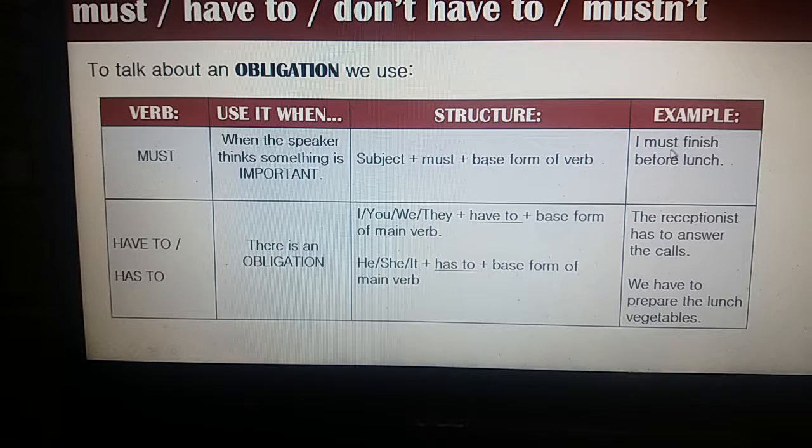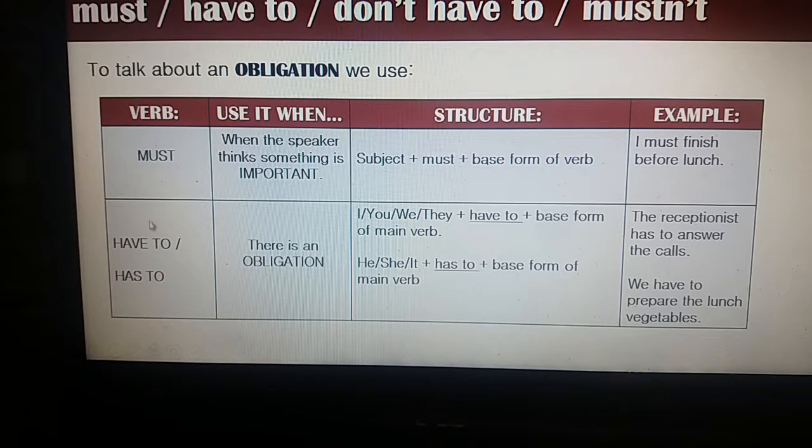Just use must with the base form of the verb. I must finish before lunch, or we must finish, or the chef must finish. So it's the same verb for all of the subjects. Must and the base form of the verb. Must do, must answer, must be, etc.